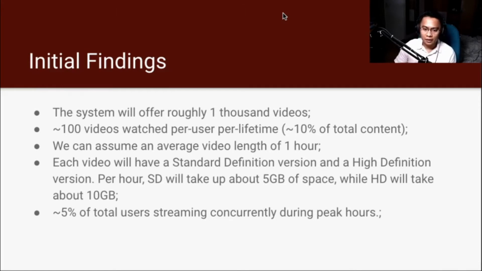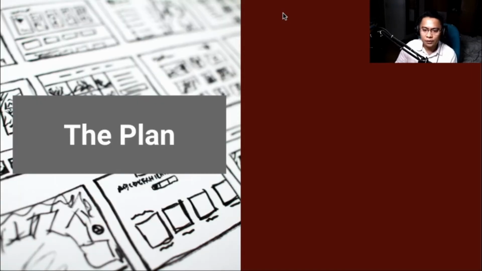So now we have our initial findings and we understand the requirements. Next, we need to create a plan of how we're gonna approach and solve all of our problems.